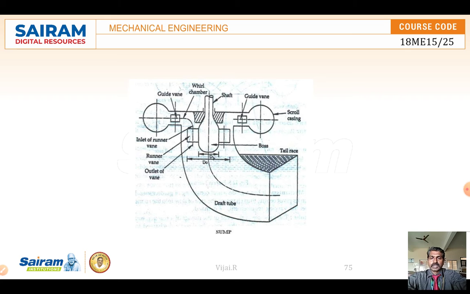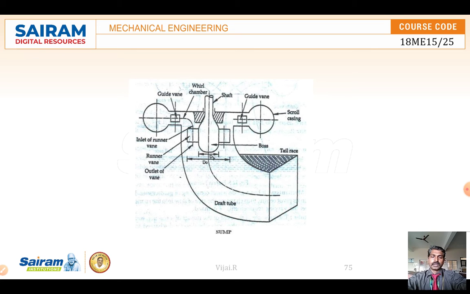You can see the shaft, and the boss, where the turbine blades are located around its circumference. And there is the spiral casing, the scroll casing. The water enters and leaves vertically downwards, which makes the runner blades rotate, and it comes out through the draft tube.